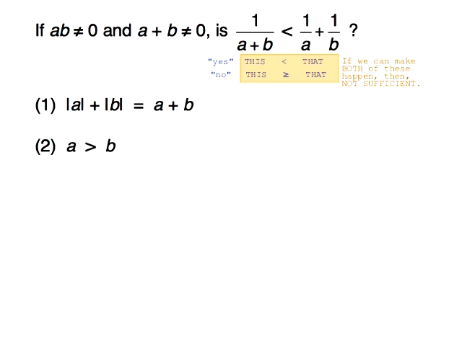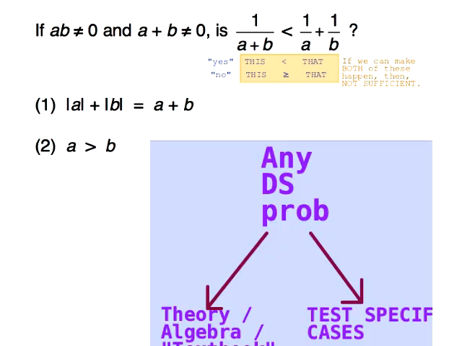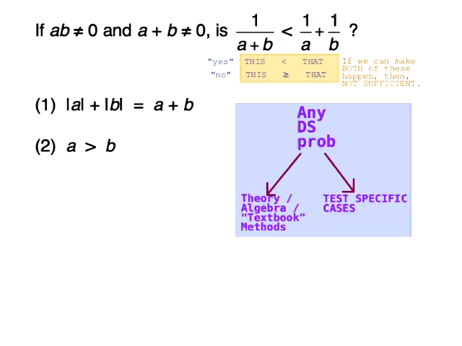So what's the deal? What you're going to find with inequalities in general is that in a lot of these cases, you're going to have to start thinking about cases of numbers. With data sufficiency in general, there's going to be basically two different families of approaches to these problems.